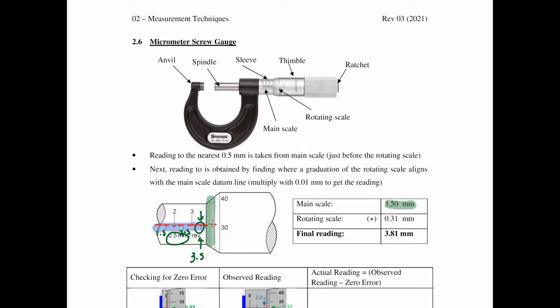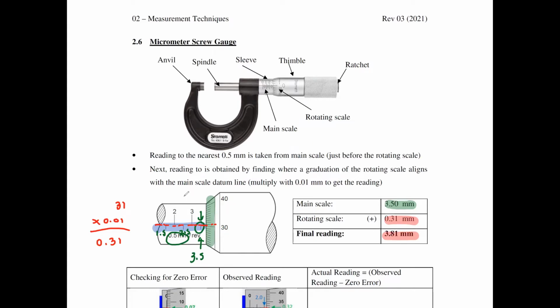You see what is the rotating scale reading that matches the main line. You can see from here, this one is 31. Okay, you need to multiply with 0.01, giving you 0.31. So your reading here is 0.31. Then you add up, you get 3.81 millimeter.